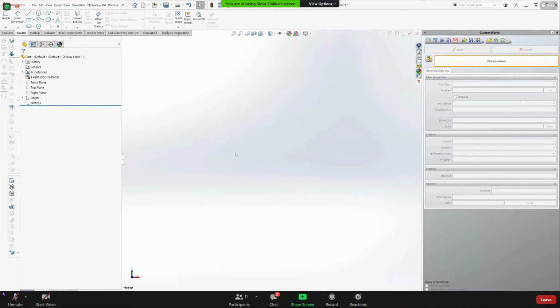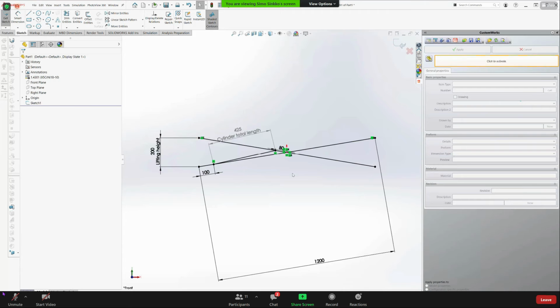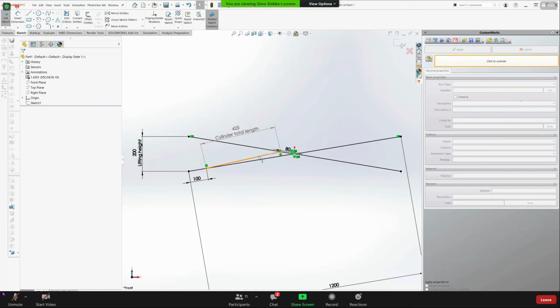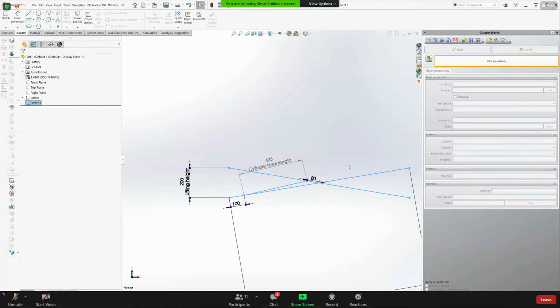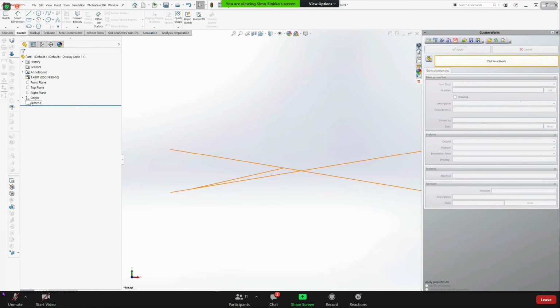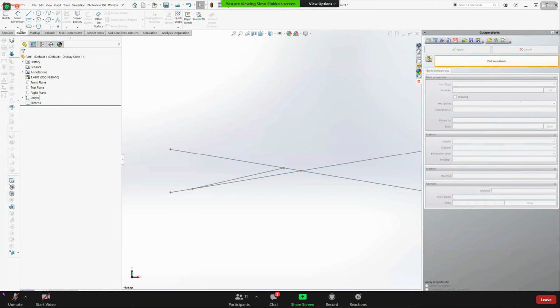Okay, it hides the whole sketch. Okay, I will draw just. What happened? Okay, it is still there. Let's create a new sketch.